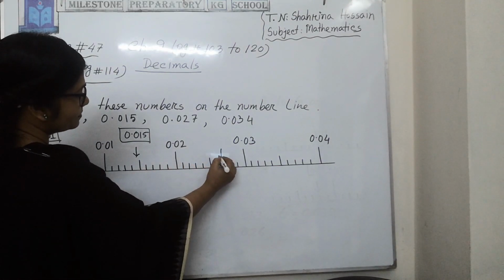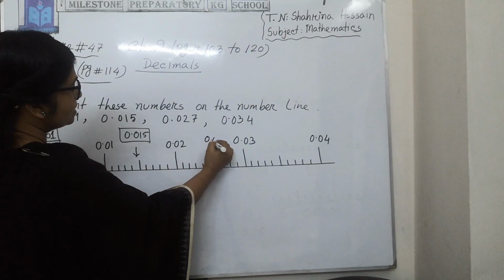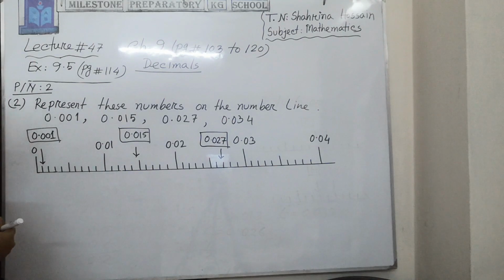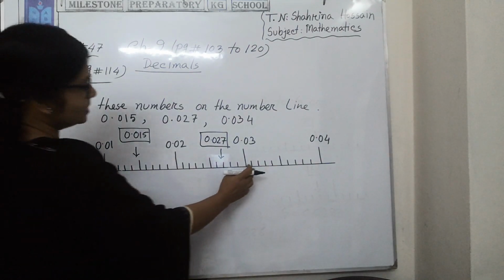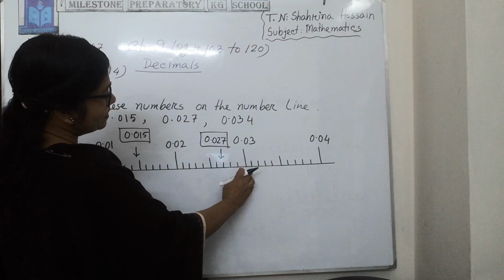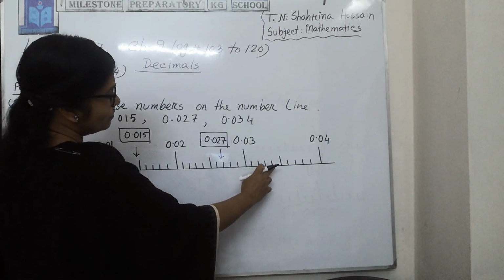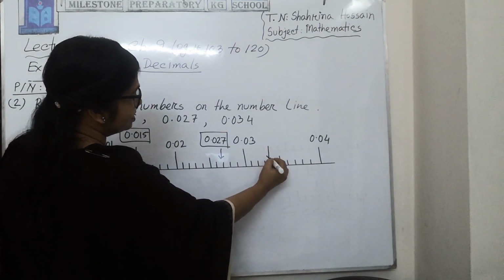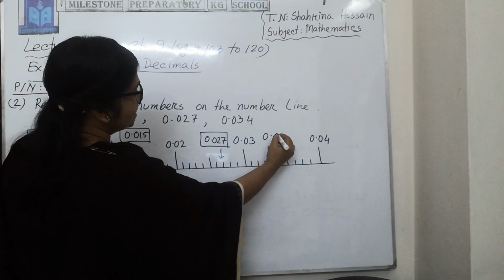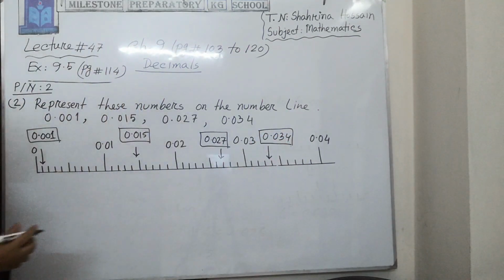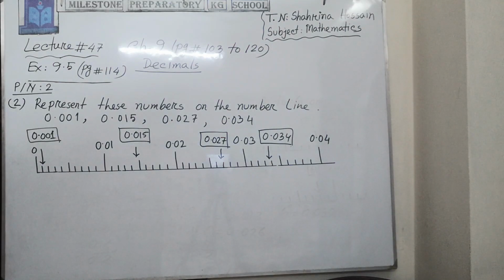That means this one is 0.027. Now see, this is 0.03, 031, 2, 3, 4. That means this is the position of 0.034. This way we can find the given numbers on the number line.